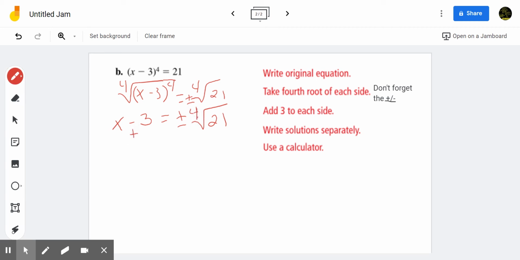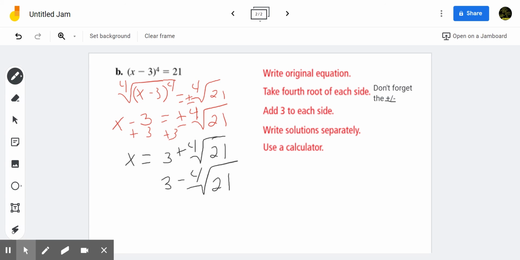So I'm going to add 3 to both sides. So we're going to get that isolated variable of x is equal to 3 plus the 4th root of 21, and then 3 minus the 4th root of 21. Let's say to use a calculator, we're going to round our answer to 2 decimals.